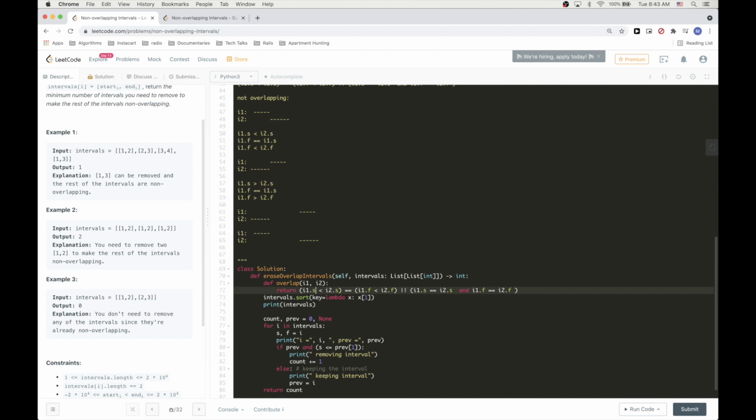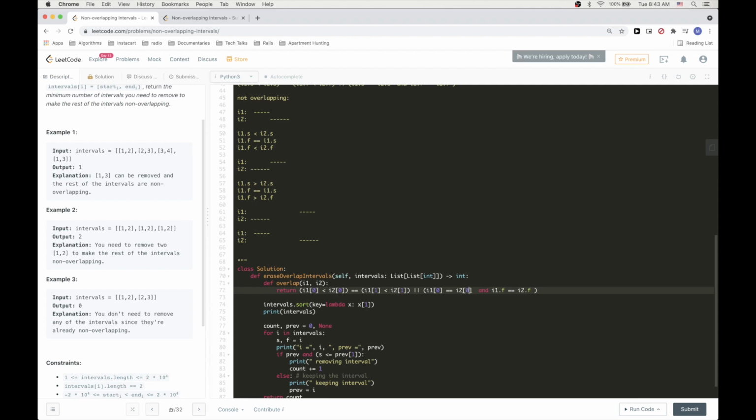And then replace this with 0. And then 1 here. This is 1 as well. And this will be 0. 0 here.